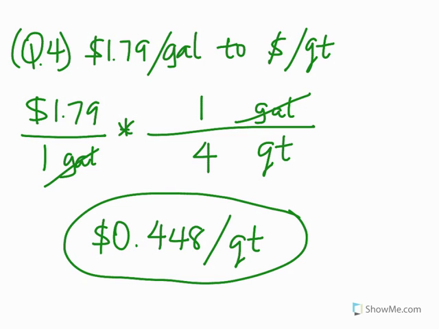So 4 quarts is $1.79, so what will 1 quart be? About 45 cents. This per quart means per 1 quart. So it kind of makes sense, right?